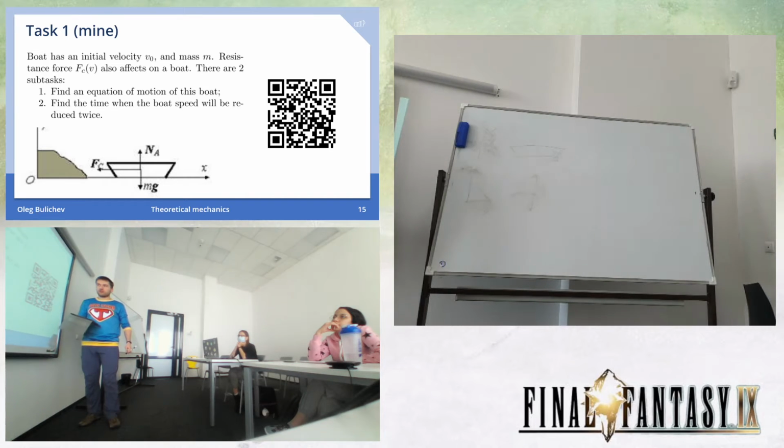Why are we considering that this task can be solved as a particle? Because we don't know anything about dimensions, shape, and so on, and for such a task we can assume that we won't have any quite big error when we consider it as a particle, or probably with a fancy shape.